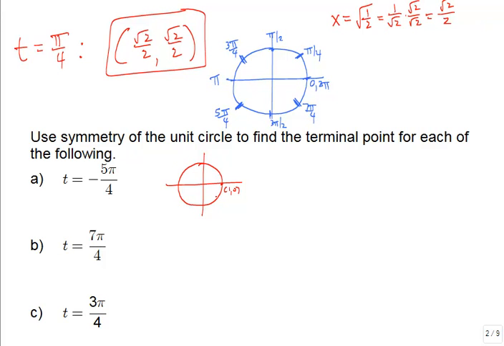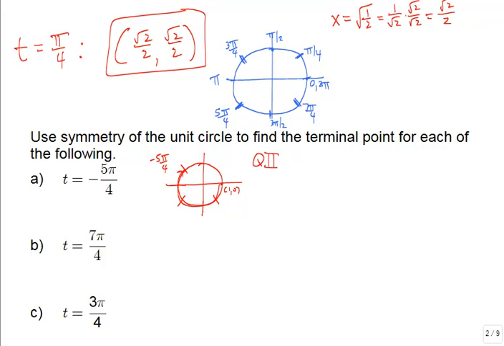So remember, this would be 1 pi over 4, 2 pi over 4, 3 pi over 4, 4 pi over 4, and here would be 5 pi over 4. But I'm going in the clockwise direction, so it's going to make it negative. Now think about what quadrant that landed us in. Going a distance of negative 5 pi over 4 around the unit circle landed us in quadrant 2.